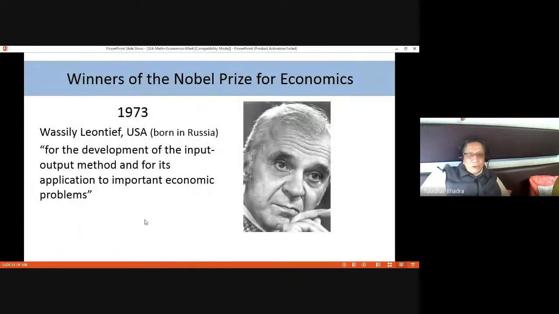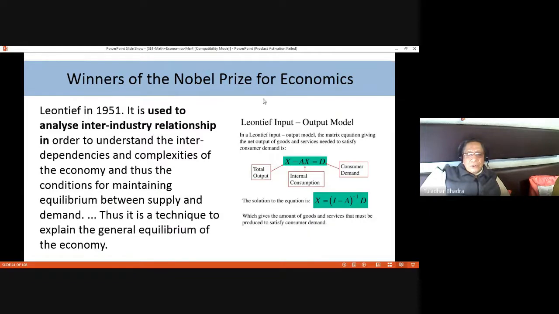In 1973, Wassily Leontief, who eventually became a USA citizen but was born in Russia, received the prize for the development of the input-output method and for its application to important economic problems. So this is Leontief in 1955, which is used to analyze interdependence in the economy.